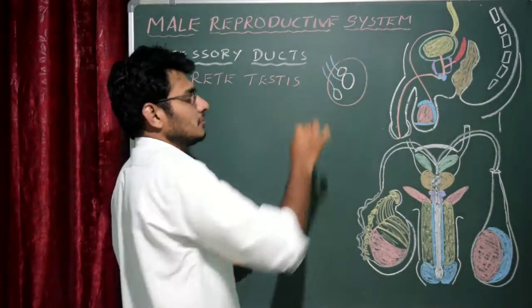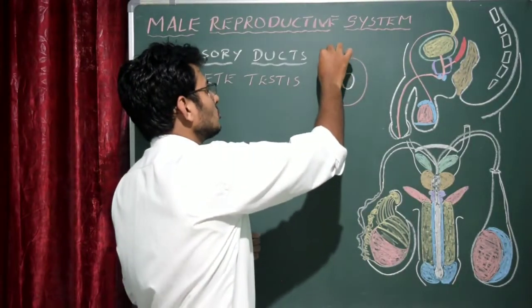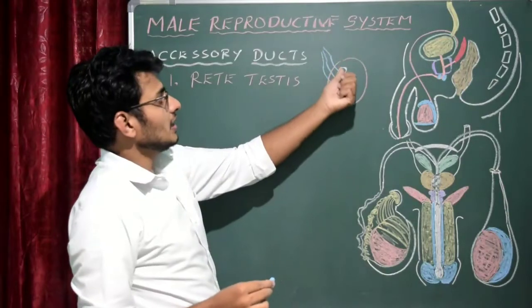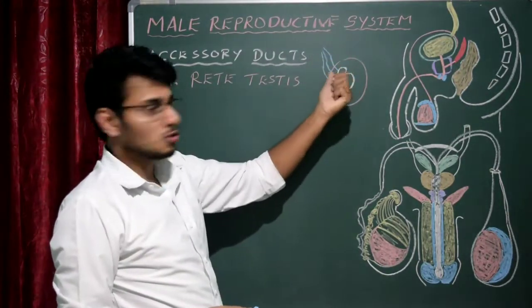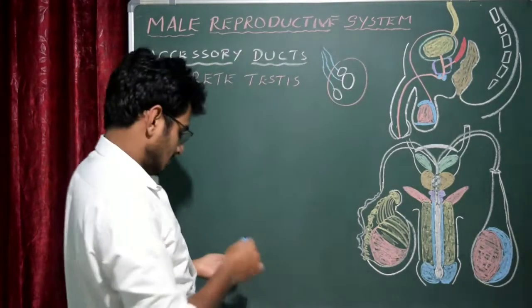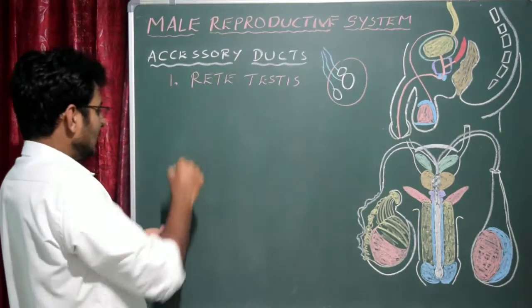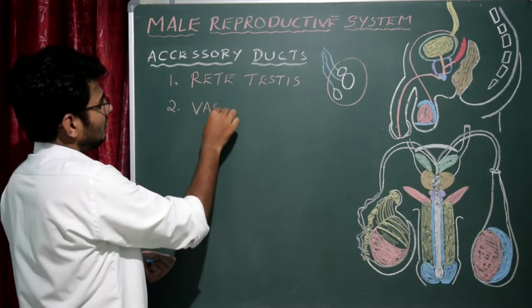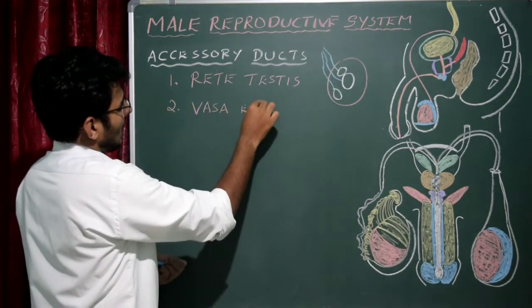There are 3 pipes, and ultimately it goes away from the testis like this. The pipe system which is connected to each seminiferous tubule is called the rete testis. Got it. That is the first pipe system. Then we write the second pipe system, which is called the vasa efferentia.